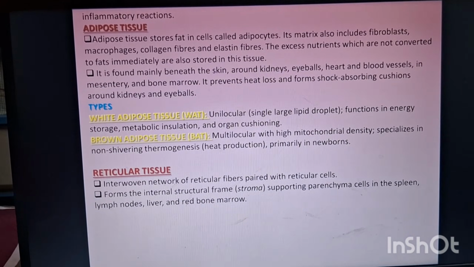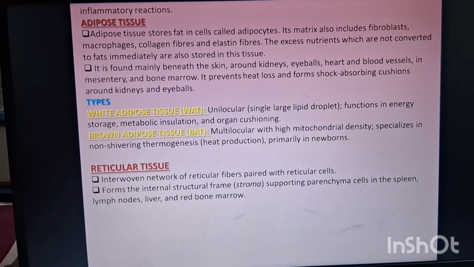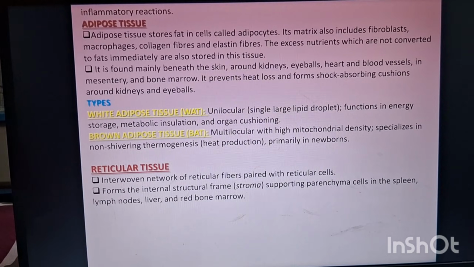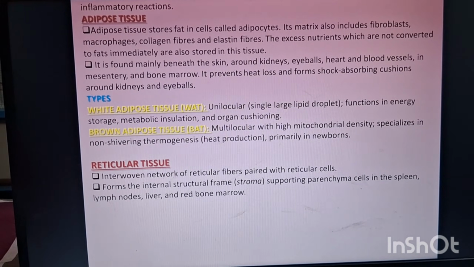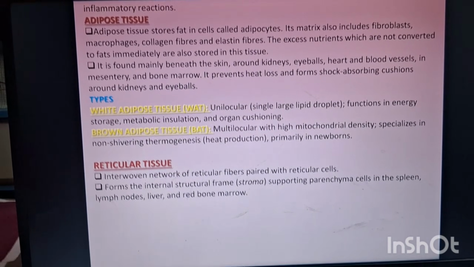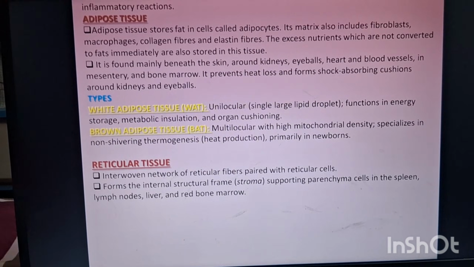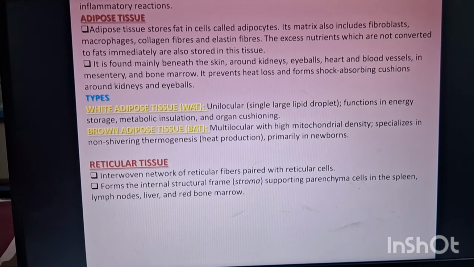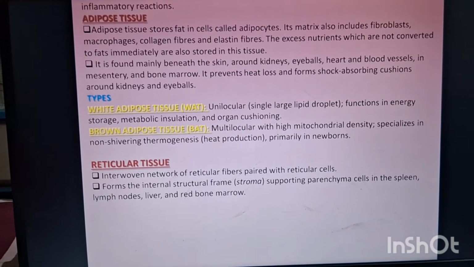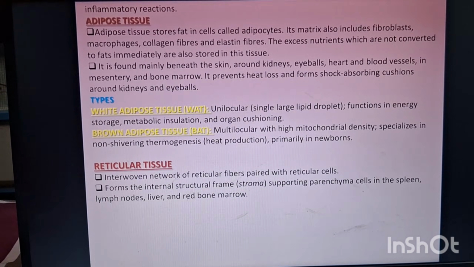Next, brown adipose tissue or BAT. This is multilocular with high mitochondrial density and specializes in non-shivering thermogenesis, heat production, primarily in newborns. It helps in generating heat, which is especially important for keeping newborns warm.